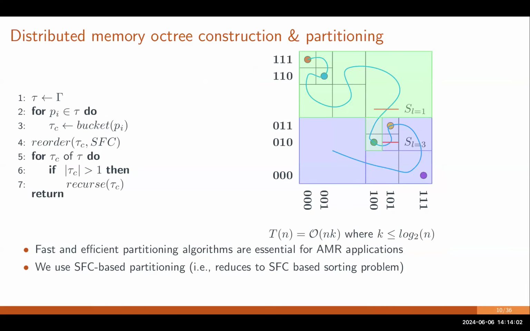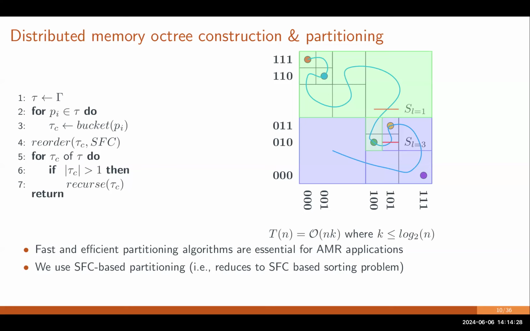So a little bit about Dendro. Because you have this arbitrary adaptivity and we are a distributed memory framework, you need to handle all this mesh partitioning and construction, which is done using this space-filling curve-based partitioning method.